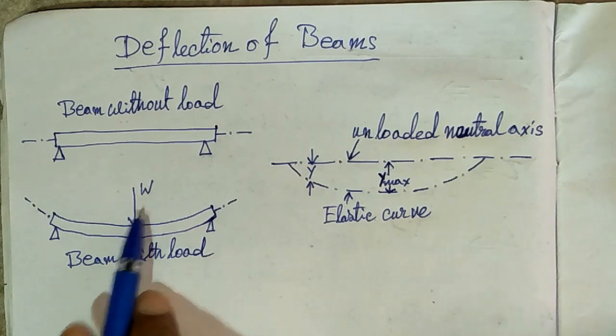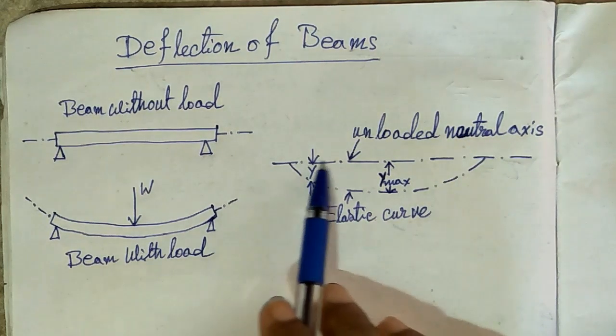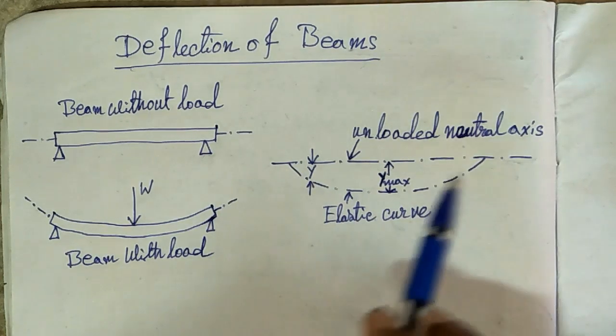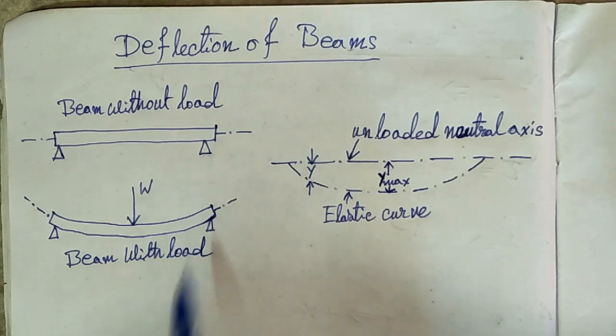The load is W. Under the load, the neutral axis becomes a curved line, and this is called the elastic curve, and the deflection y is the vertical distance between the point on an elastic curve and the unloaded neutral axis. This is the unloaded neutral axis, and this curved line is the elastic curve.